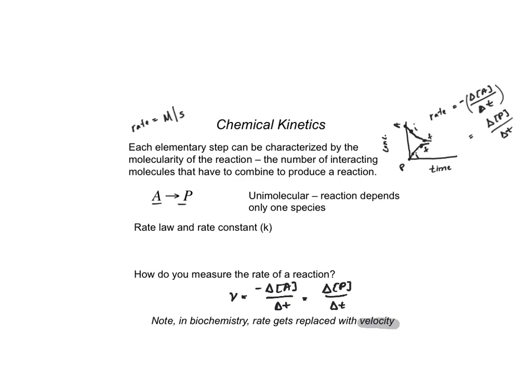Another way to write this, and getting rid of this delta notation, is to write this as derivatives. So this could be negative dA over dt and dP over dt. And that's what we're going to move forward with, is writing these guys as derivatives.